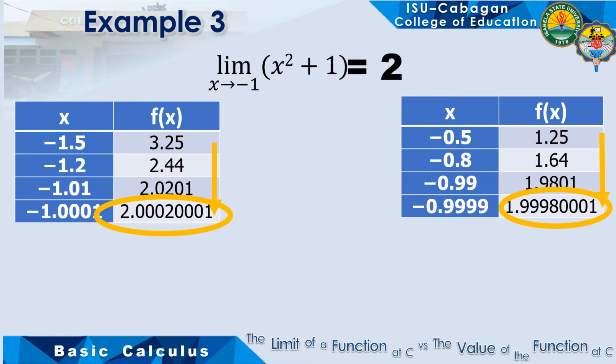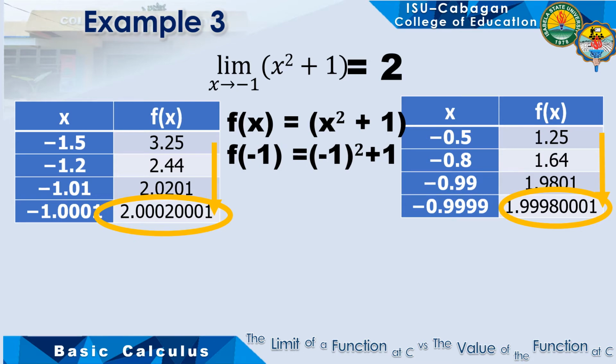Again, we find the value of the function x squared plus 1 at x equals negative 1. Our function is x squared plus 1. f of negative 1 is equal to negative 1 squared plus 1. f of negative 1 is equal to 2. As you notice from the example, the limit of the function x squared plus 1 as x approaches negative 1 is equal to 2, and f of negative 1 is equal to 2.